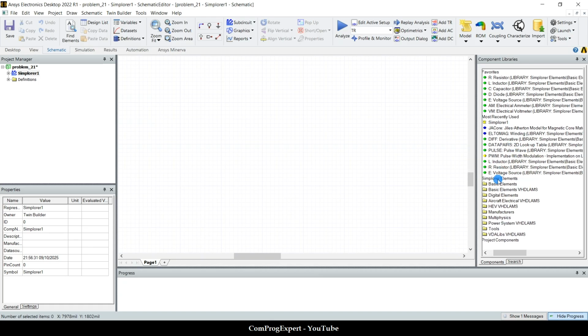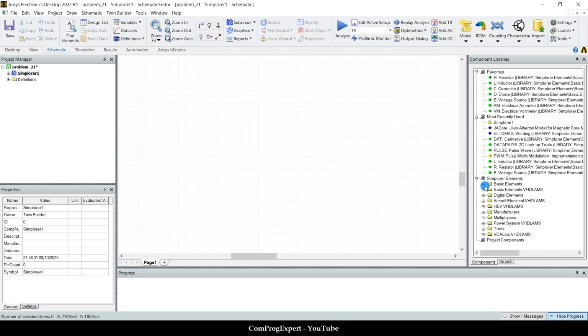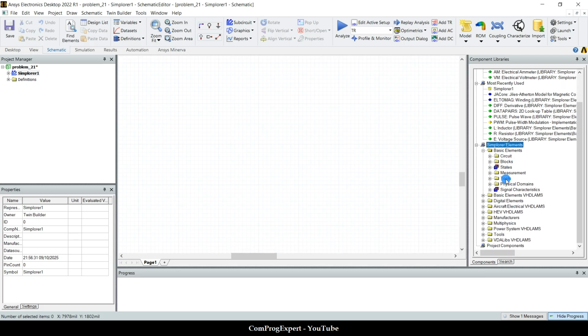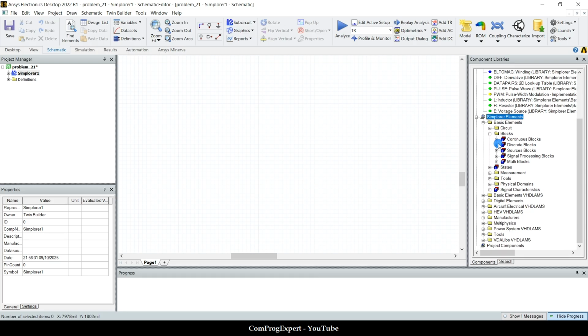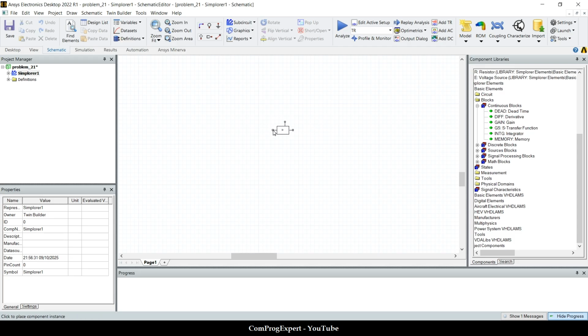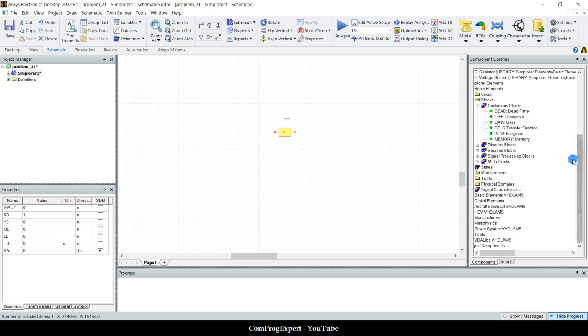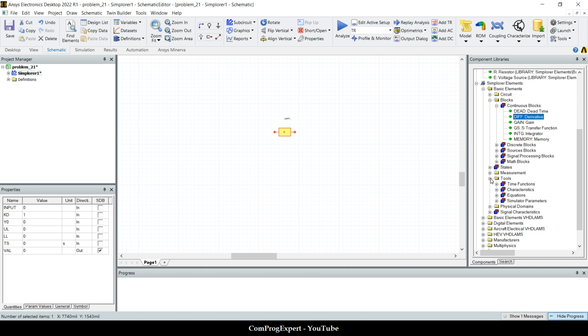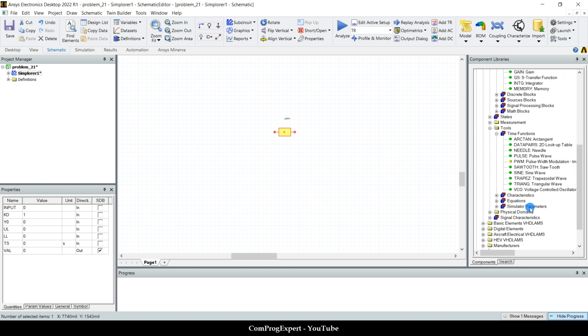Here in the basic elements you can use the blocks. Here we have continuous blocks, and here is the derivative block. And from the tools, time functions, we have various functions here, for example pulse or sine wave, sawtooth.